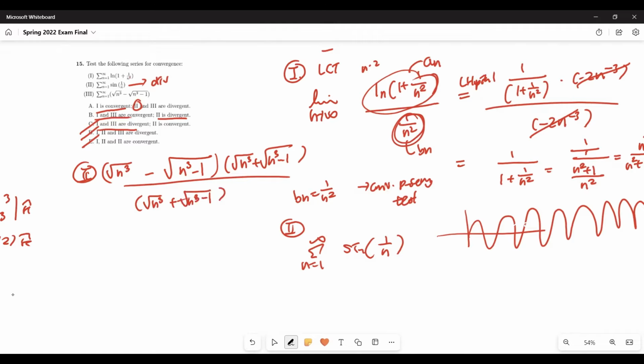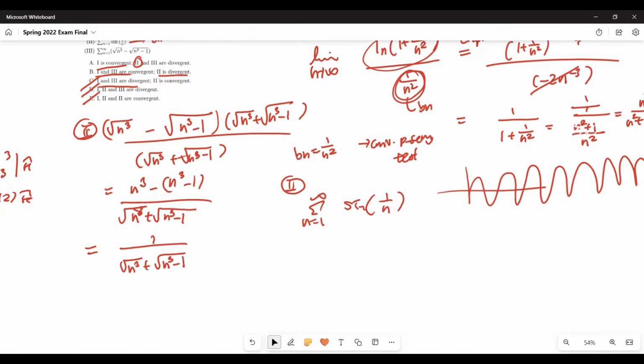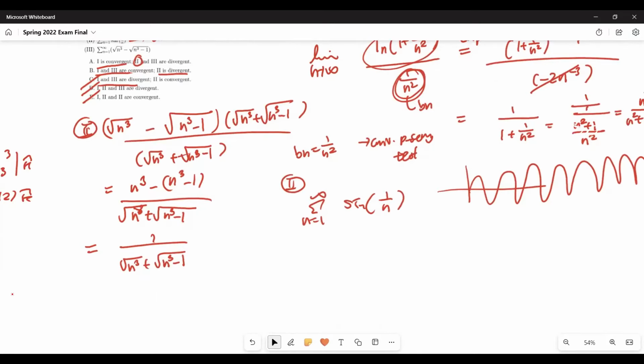So this will just become n cubed plus 1 minus n cubed, over the square root of n cubed plus 1 plus the square root of n cubed. The numerator just becomes 1. So now we have that.